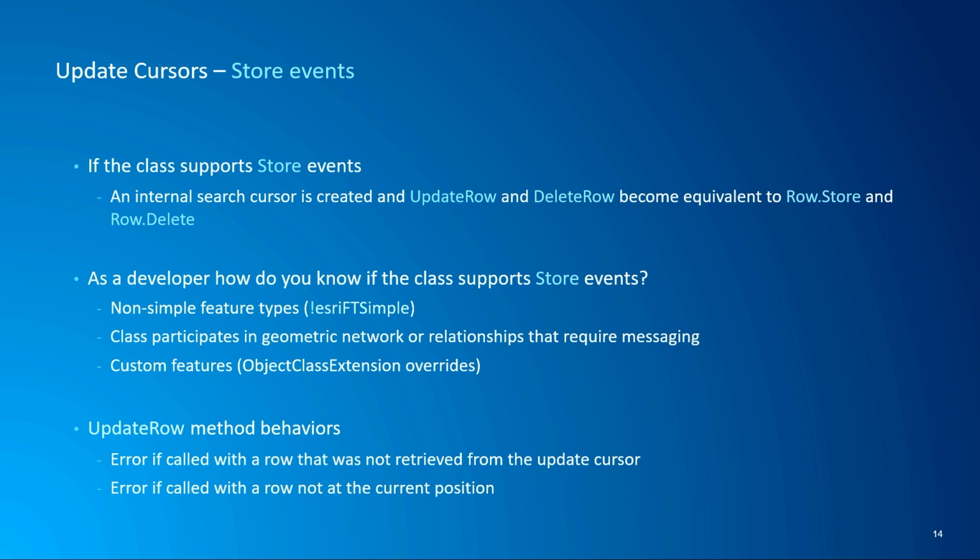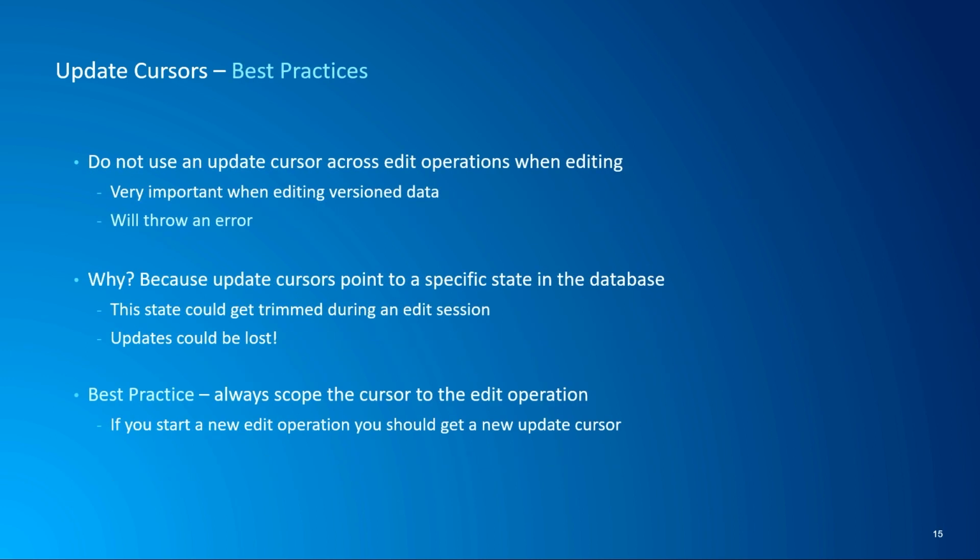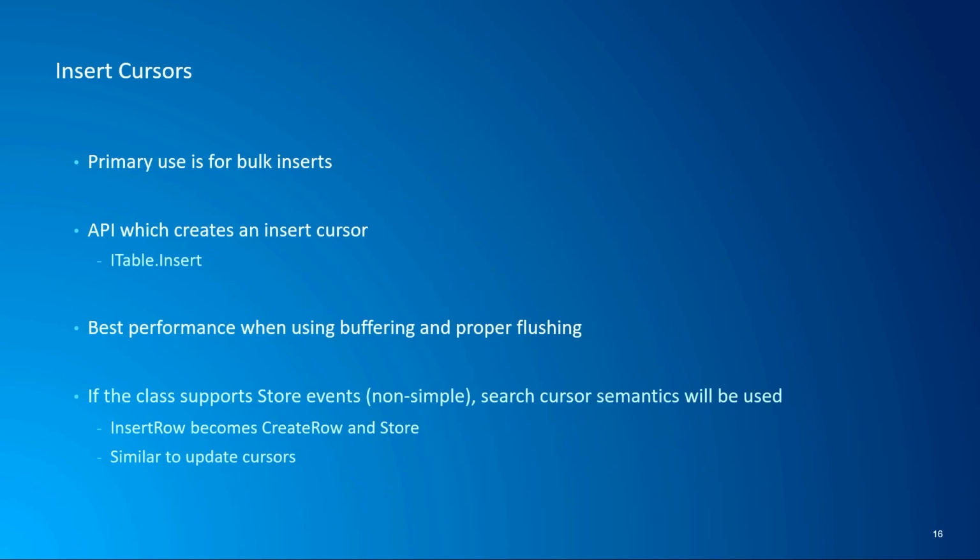Very few people do that anymore. Now, with update row, you'll get an error if it's called on a row that didn't come from an update cursor, or if you're calling it on a row that's not the current position inside your update cursor. Remember, your update cursor is essentially a positional update cursor.